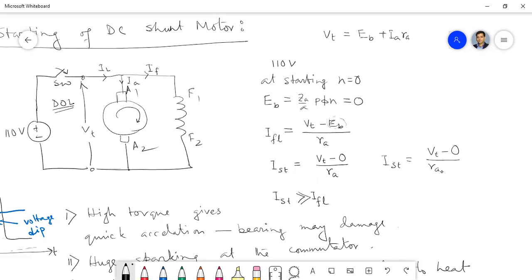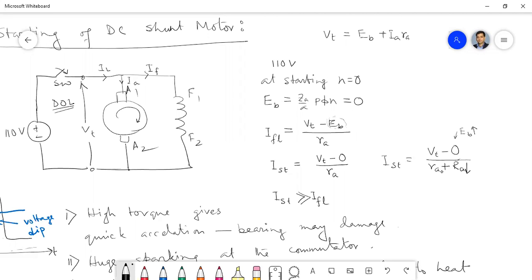But for that time, if we increase this resistance, additional resistance, which will be connected in series with the armature, and when we get the back EMF slowly developing, we can reduce this resistance. Then the problem may be avoided. So that is one suggestion.